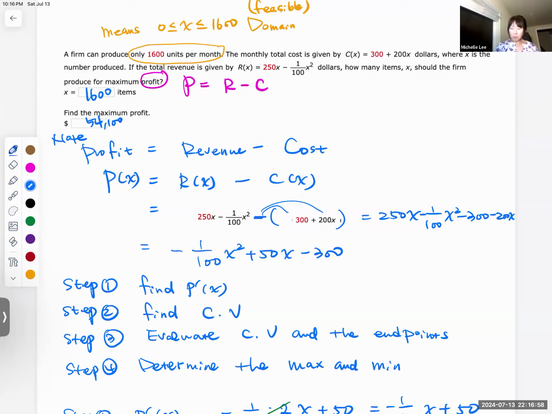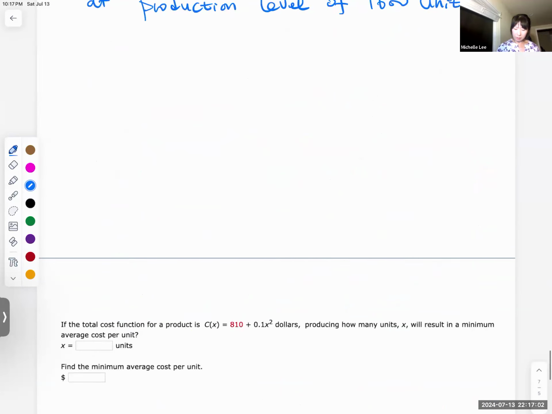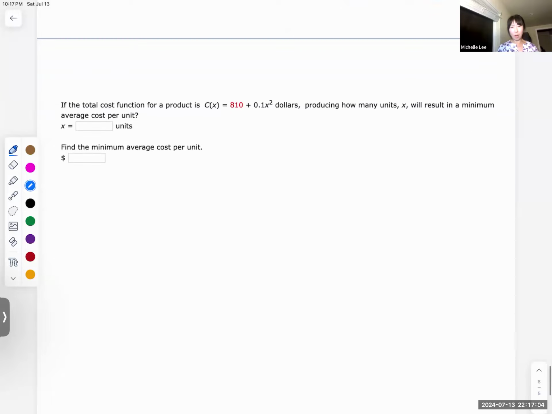All right. So this one, same strategy. If the total cost function is that dollars, producing how many units X will result in minimum average cost per unit.